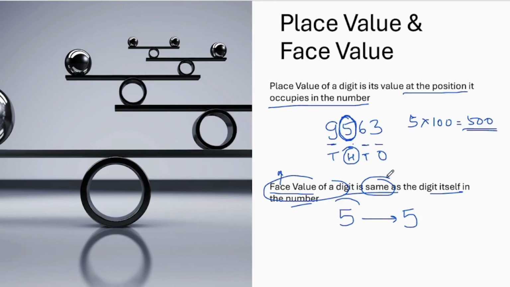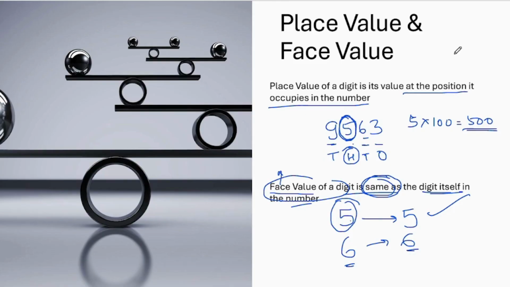That's why it is the same as the digit itself. Let's say in the same example, what is the face value of 6? Face value of 6 would be 6 because it looks like 6.